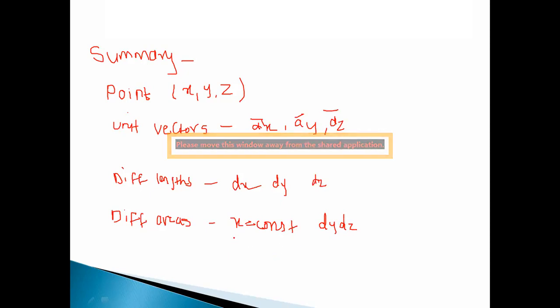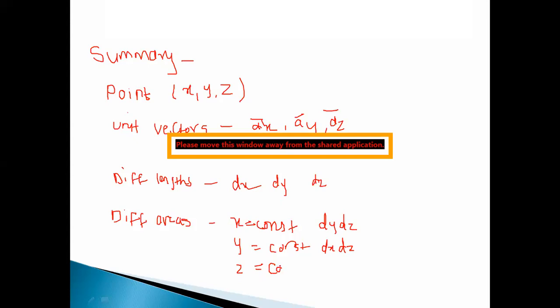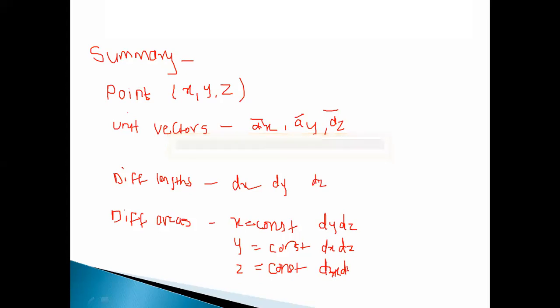When y is equal to constant, it is dx into dz. And when z is equal to constant, it is dx dy.